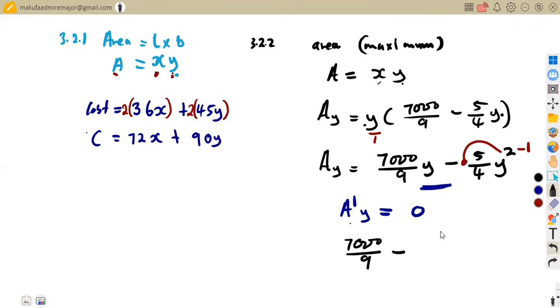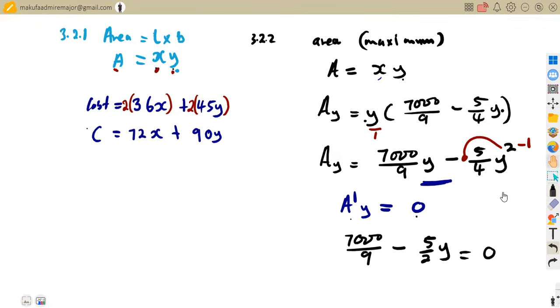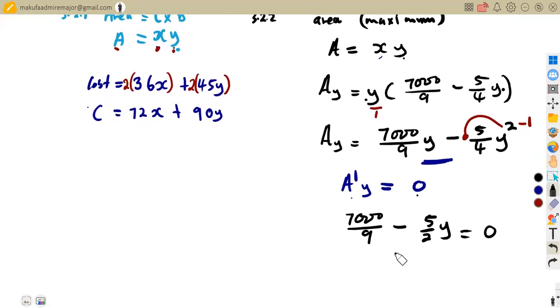So it's going to be 2 times 5 over 4, which is 5 over 2. We subtract 1 from the exponent, so it remains with y. This is our first derivative of area, and we are saying it is supposed to be equal to 0. So we have formulated an equation that we can solve for y.